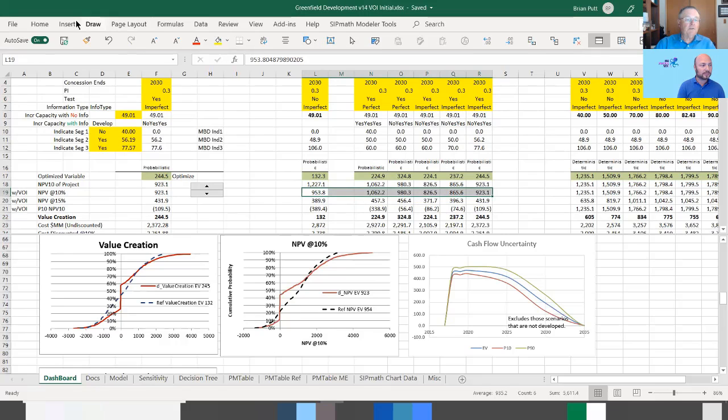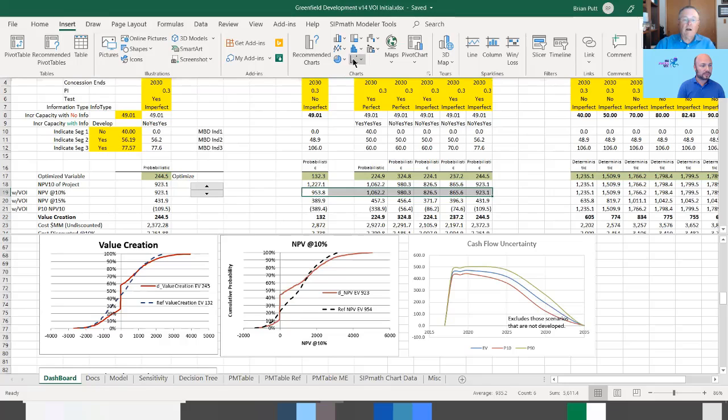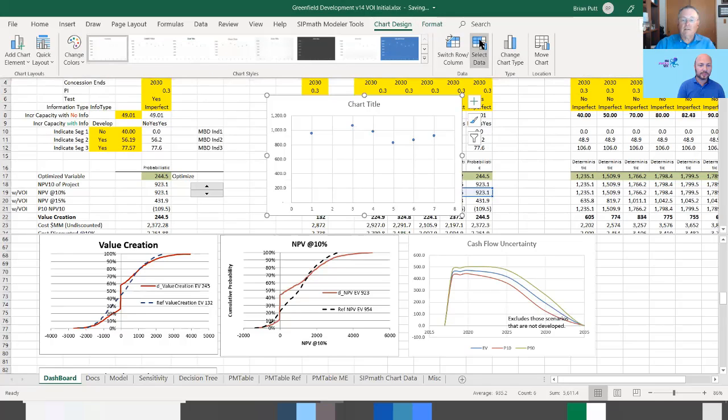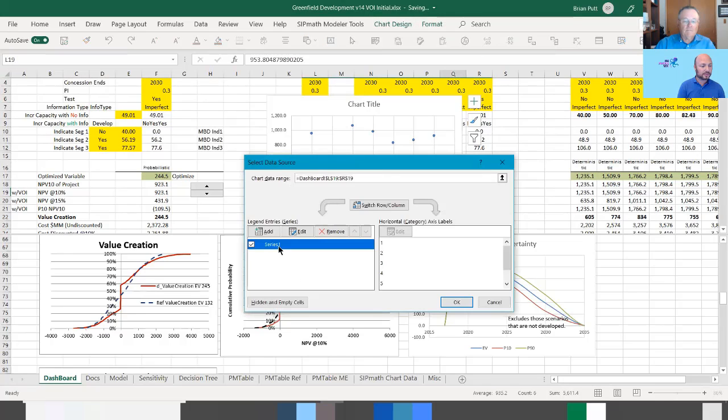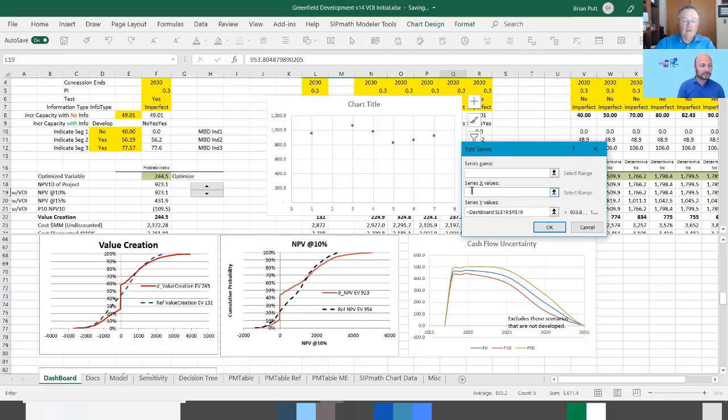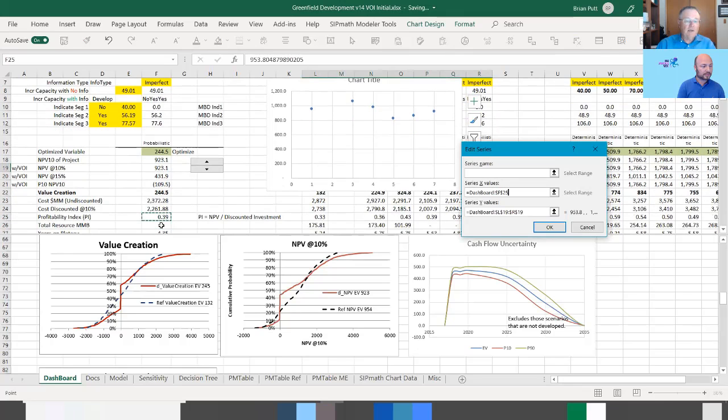We'll do an insert XY graph. Always use XY graphs, folks. Then we're going to go to chart design, select data, edit, and then I want to pick up my capital, which is this capital right here.